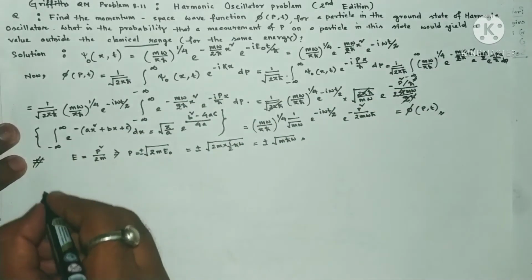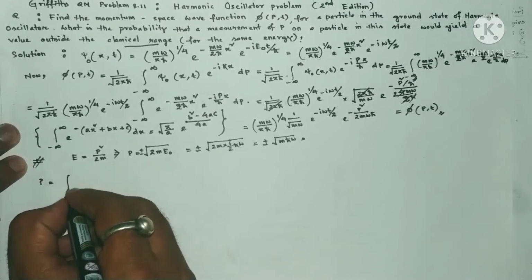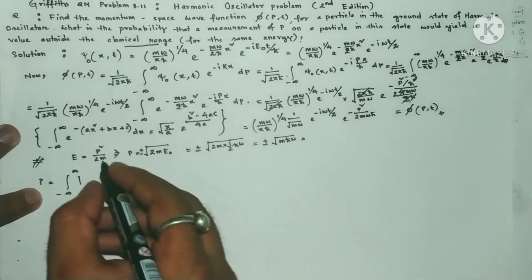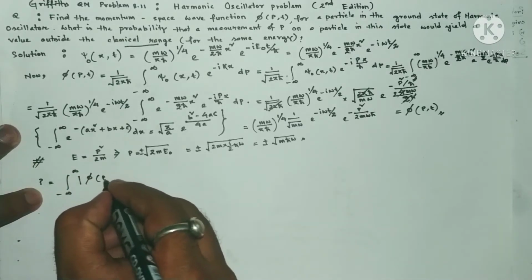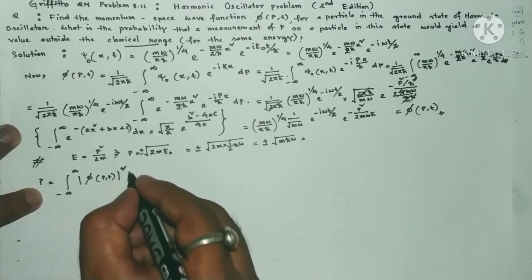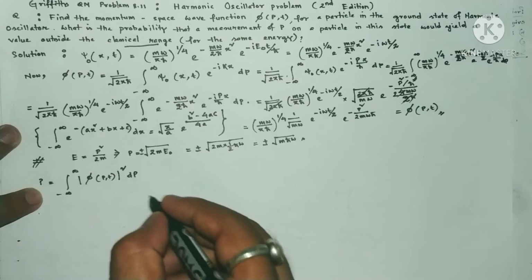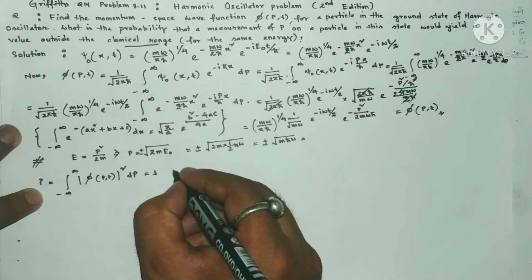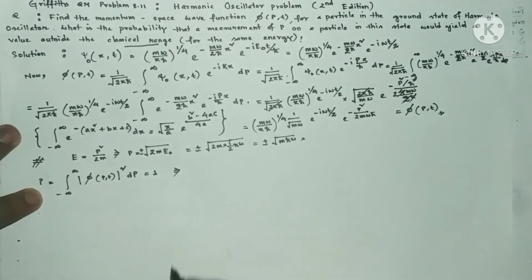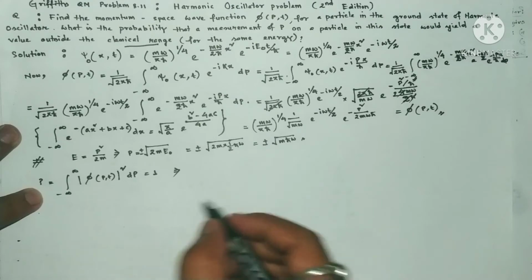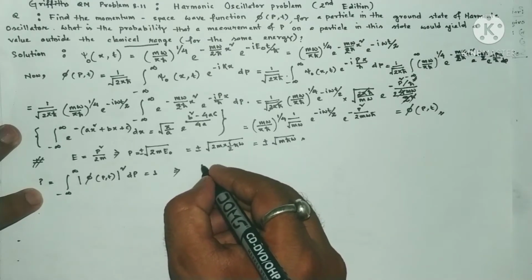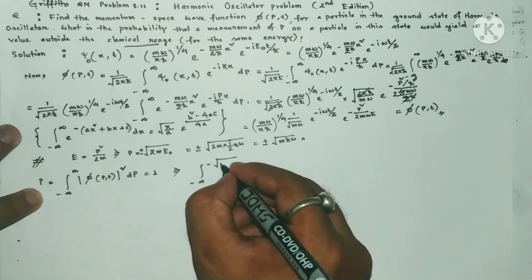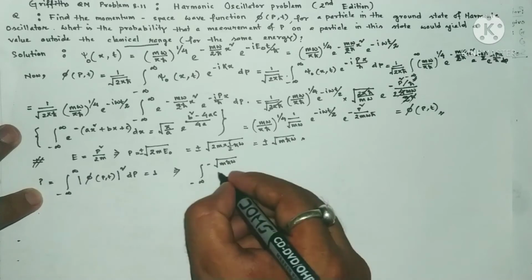Okay, now in order to find the probability, what we can write, minus infinity to plus infinity, right? Then we have wave function in momentum space phi p comma t whole square dp, this will be equal to 1. Now since we have to find a momentum outside this range, we can write it as minus infinity to minus under root m h cross omega, right?